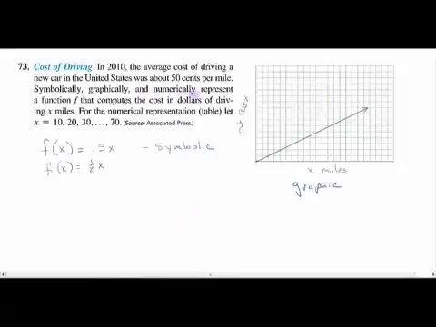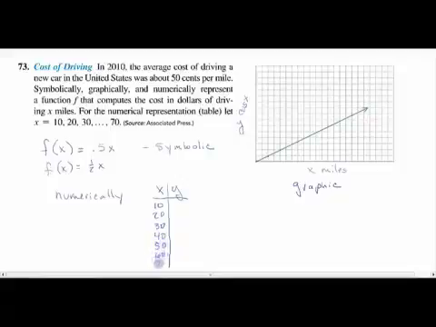And then let's represent this numerically. Numerically is a table. So we make a table, and they've told us the values to put in the table: 10, 20, 30, 40, 50, 60, and 70.